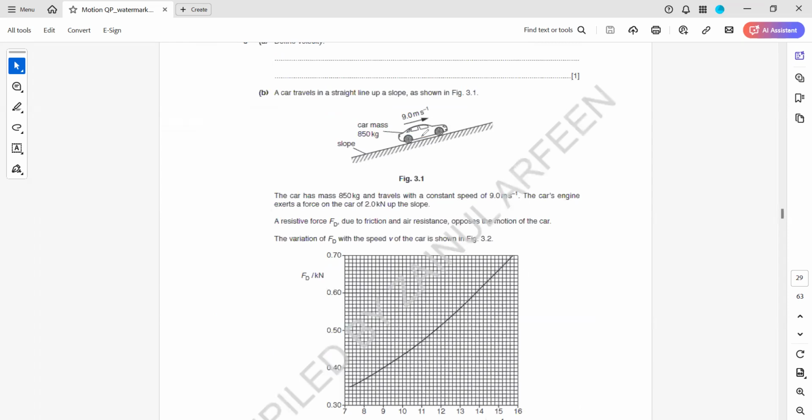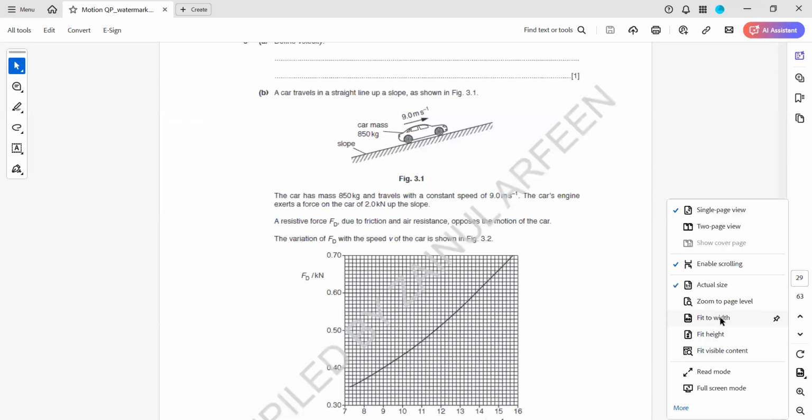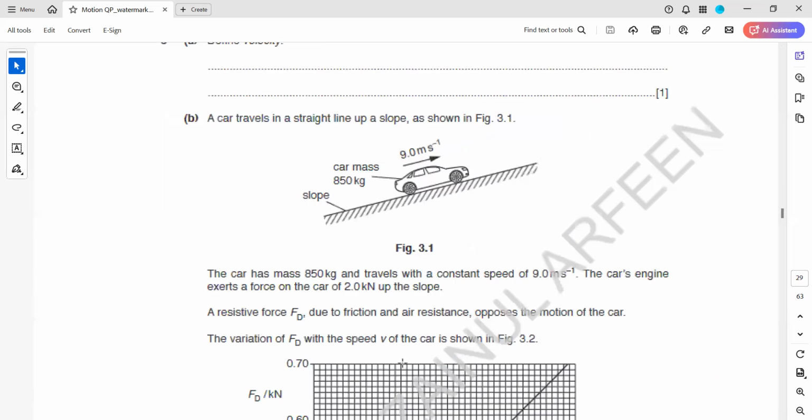So this will have two components. The weight is acting downward, and the weight will have two components: W sine theta and W cosine theta. The component of the weight which is adjacent to the angle is the cosine one, and the component which is opposite to the angle is written with sine.